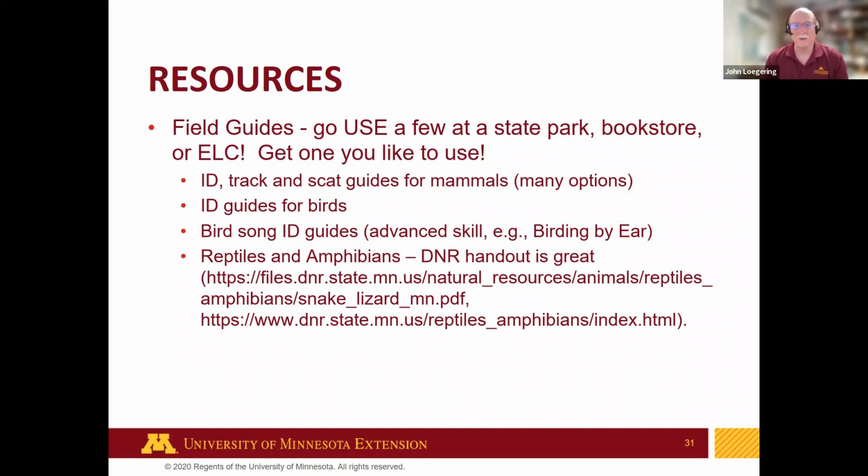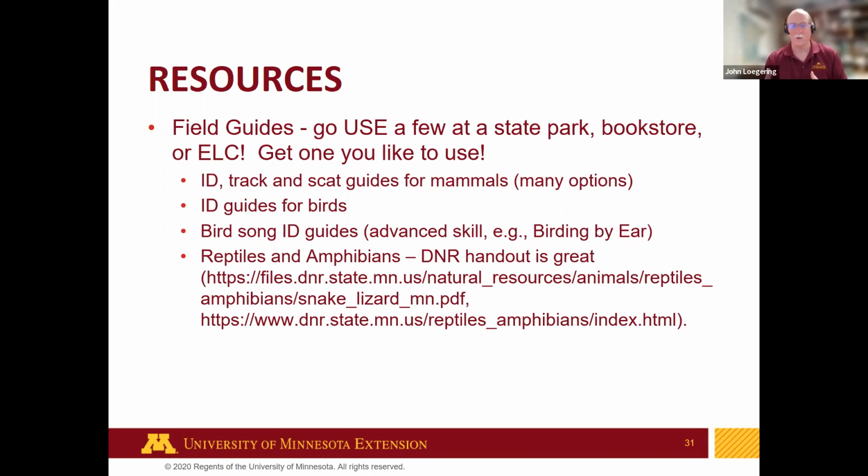But the sorts of things you need to do wildlife surveys on your landscape: field guides. I really encourage that. I got stacks of field guides on my desk. I'd encourage you to go to a state park or a bookstore or an environmental learning center where you can get a handle on one, because it's important to get one that you feel comfortable with, one that is appropriately detailed for your current interest and level.